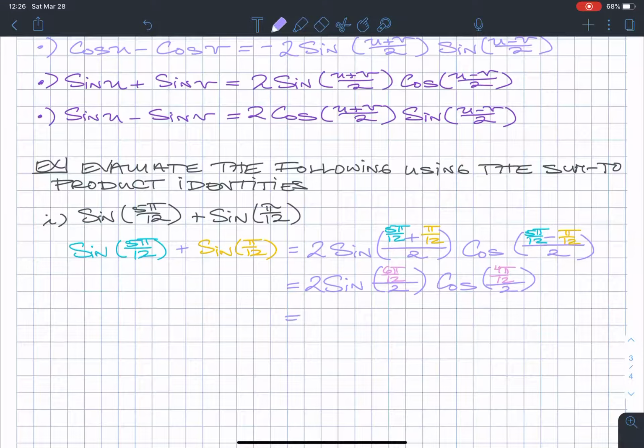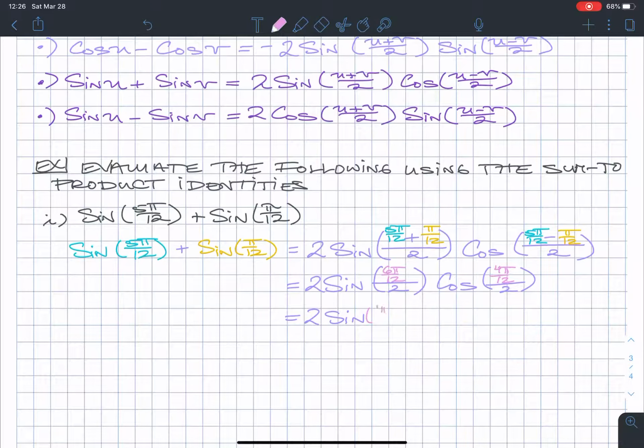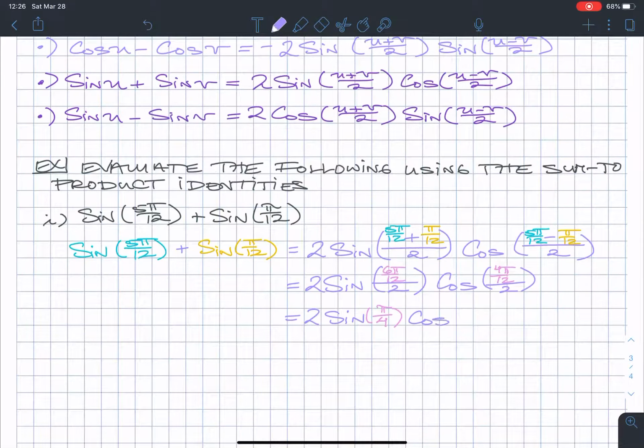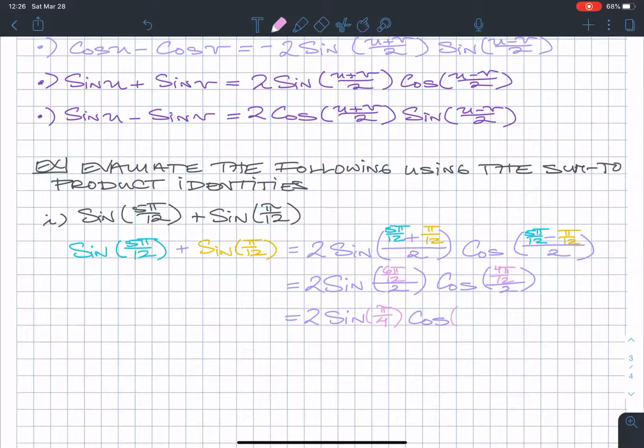So we get 2 sine of, well, 6 pi over 12 reduces to pi over 2 divided by 2 will be pi over 4. Remember, we just multiply the two denominators. 12 times 2 is 24, and 6 over 24 is 1/4. So similarly, over here, 4 over 12 reduces to pi over 3. 3 times 2, of course, is 6.